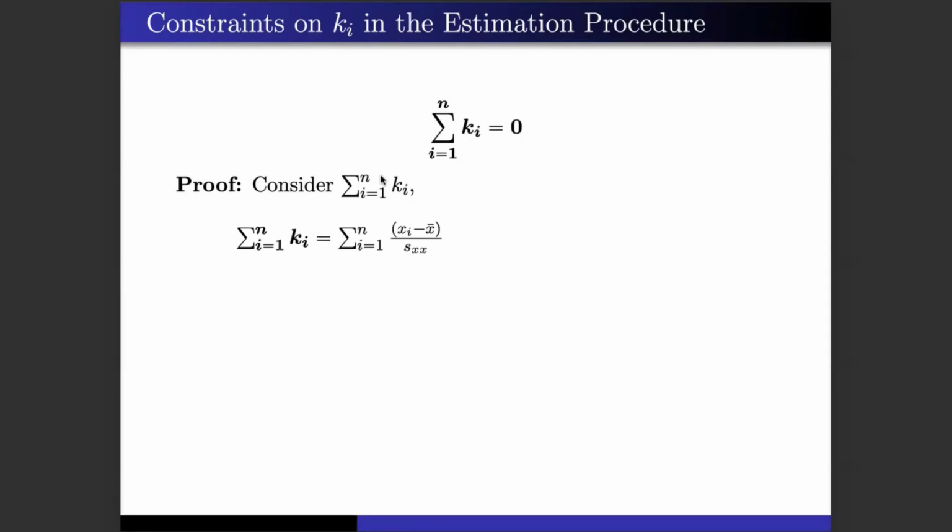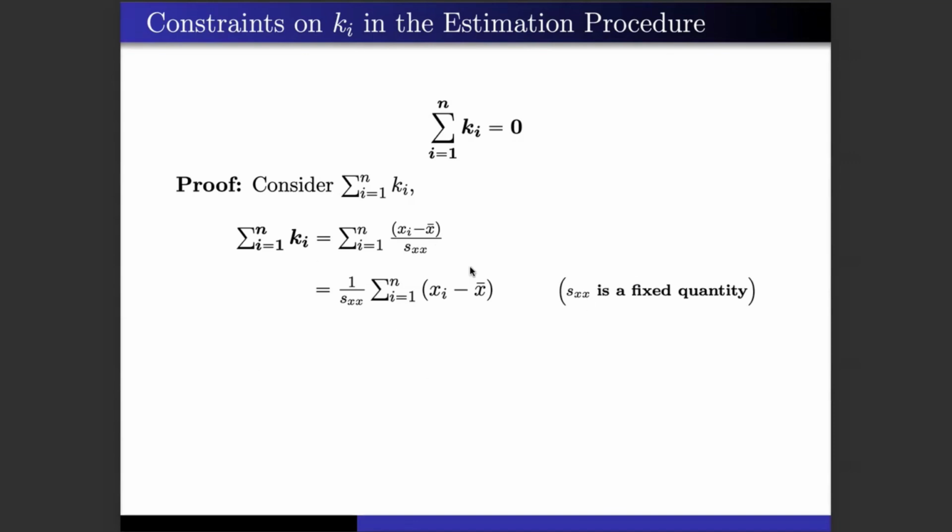Plugging in the value of ki, we get summation ki is equal to summation of xi minus x bar divided by sxx. In the last video, we discussed that this sxx we have in the denominator is a fixed quantity. And since it is a fixed quantity, we can pull it out of the summation sign.